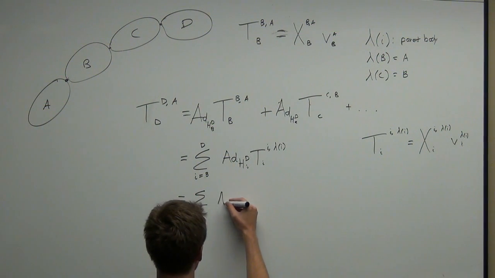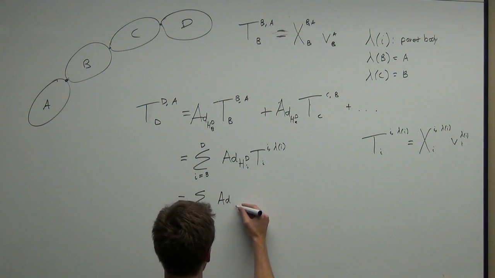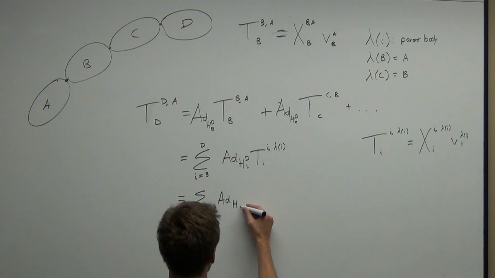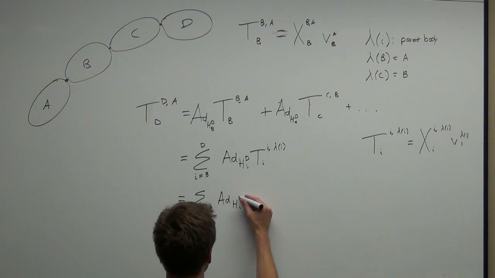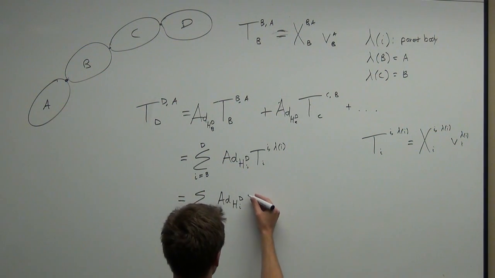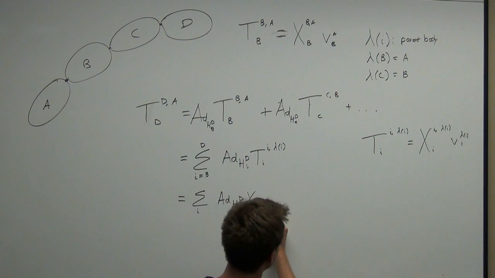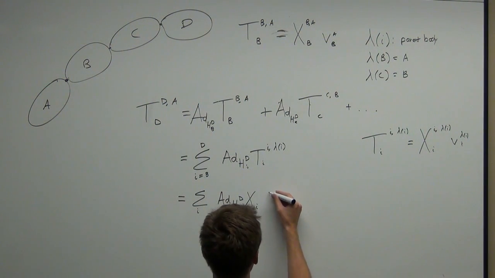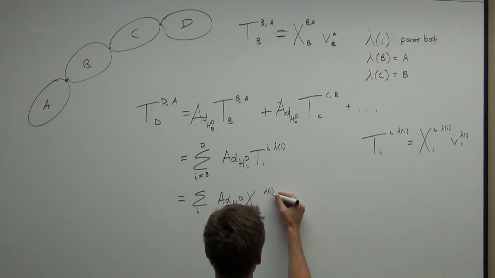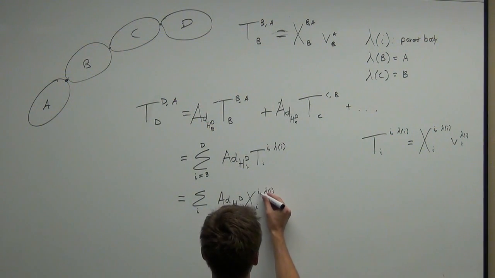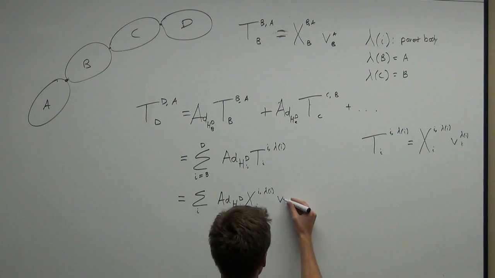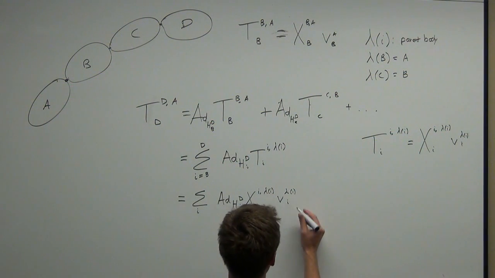A joint H I to D, X I with respect to lambda of I, times V lambda of I.